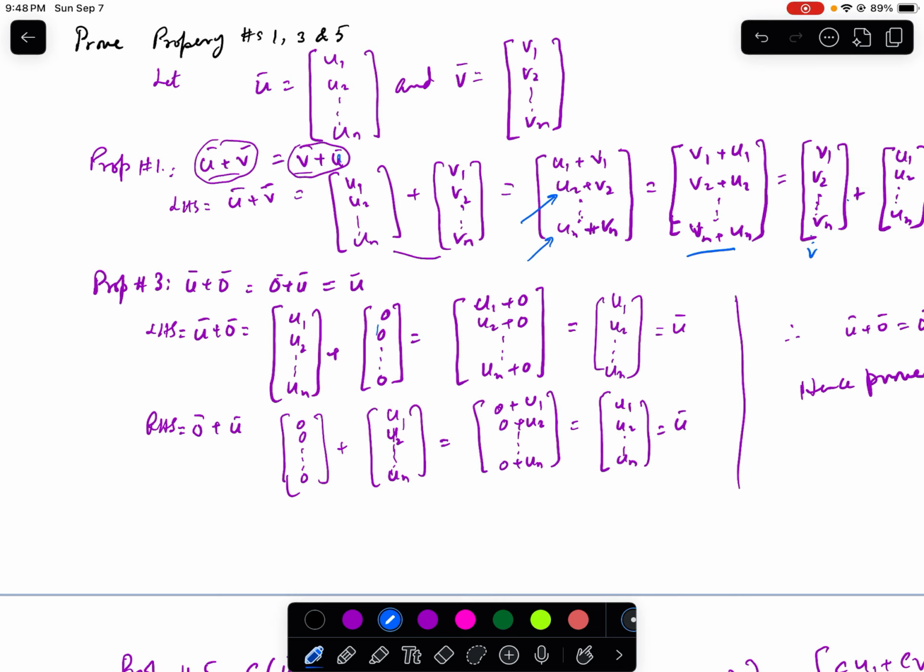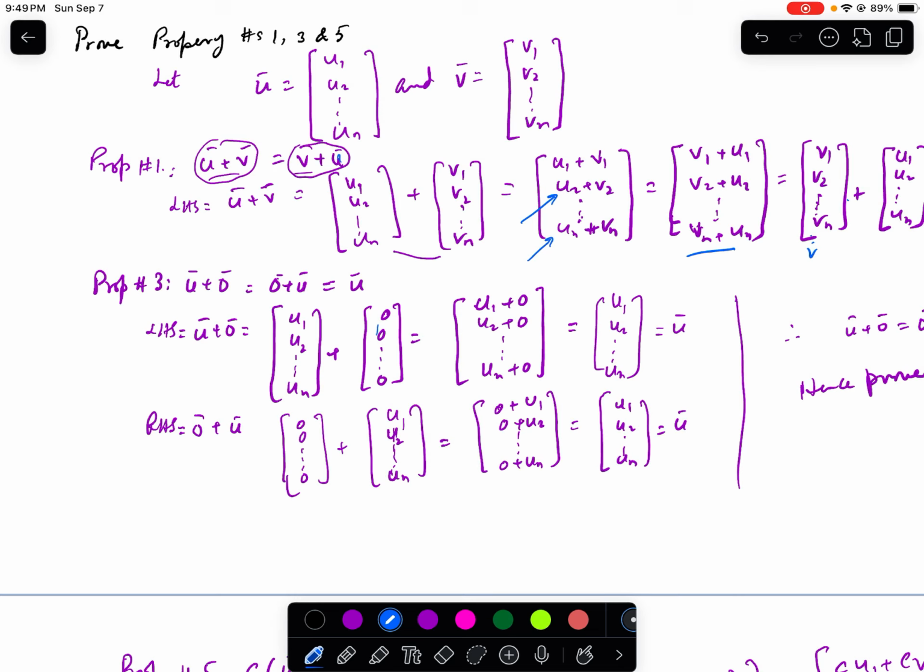The vector which has n number of rows and one column. So 0, 0, 0 up to last one is 0. Every entry is 0. So by addition of vectors, it means u1 plus 0, u2 plus 0 up to so on, un plus 0. And then we end up getting all of these give us back u1, u2 and un, which is the u vector.